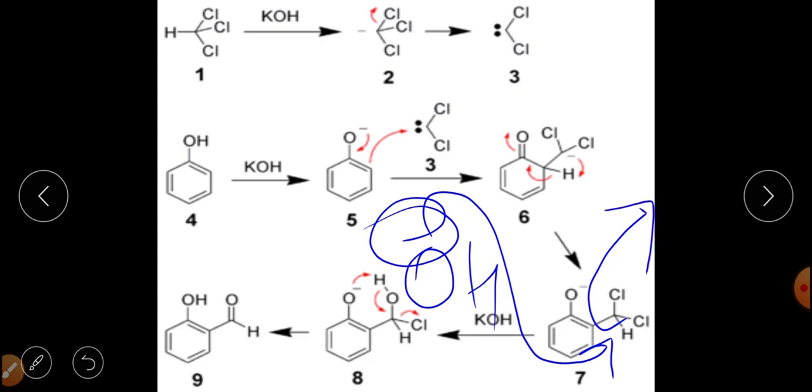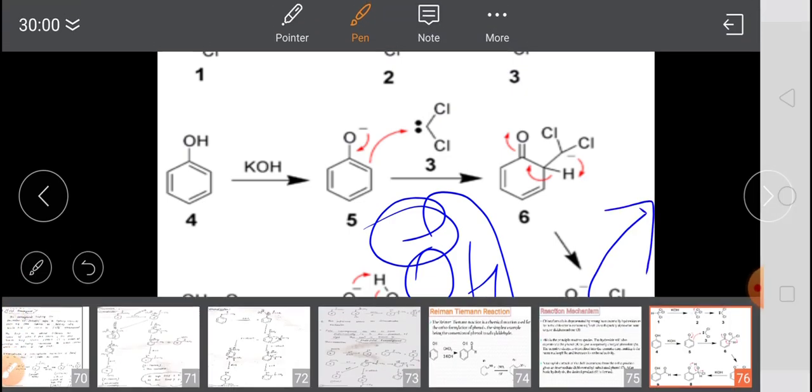When Cl is migrated, it will form OH and Cl on this carbon, and then finally this O negative will abstract H from the OH with migration of the bond between hydrogen and oxygen to form C double bond O, with elimination of Cl negative from the system.